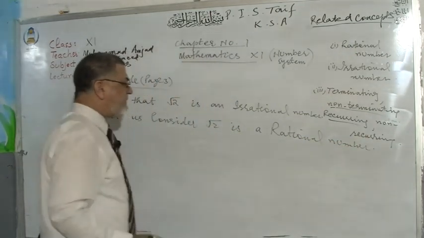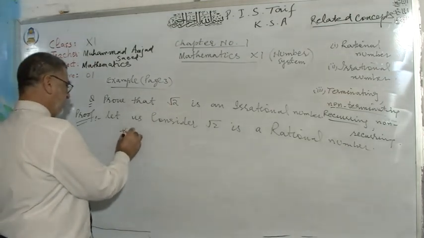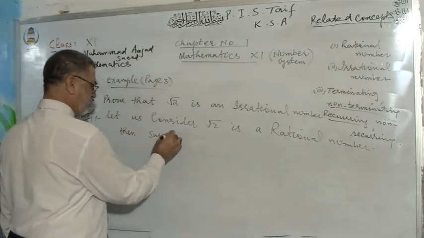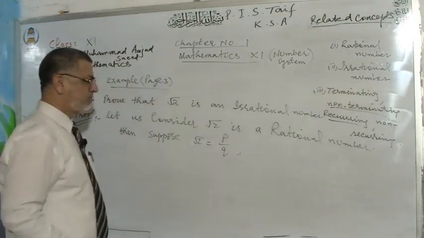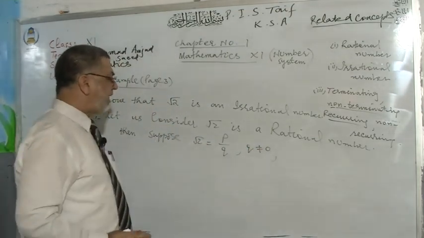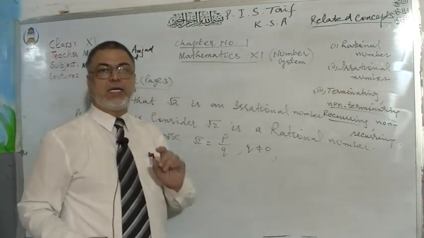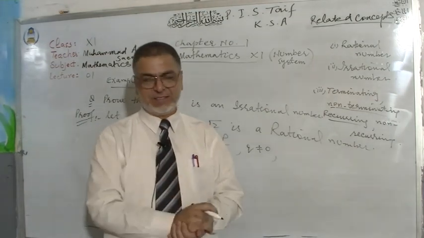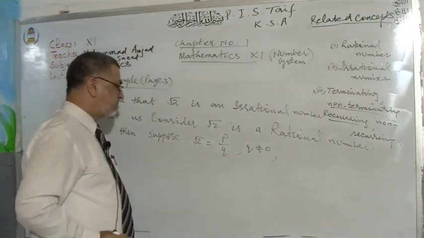You know that if square root of 2 is a rational number, then suppose square root of 2 is equal to p over q, where q is not equal to 0, and a very important factor is p and q are in the lowest form. They do not have any common factor. This is the key point in your question.